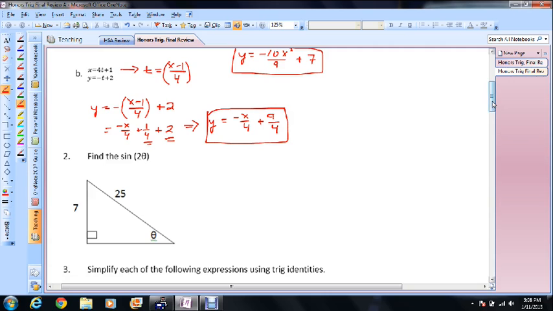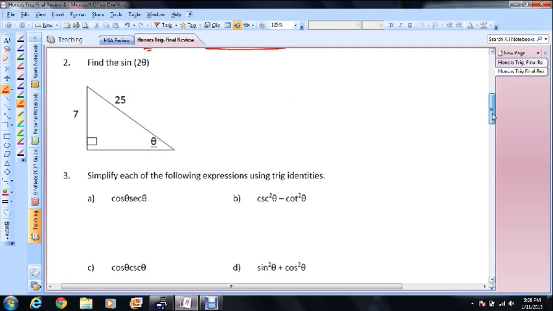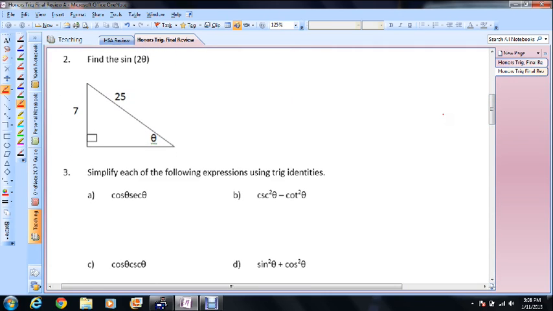Alright, let's move on to a different type of problem involving triangles. Now, just a little reminder that when we're talking about sine, cosine, and tangent, it's SOHCAHTOA.